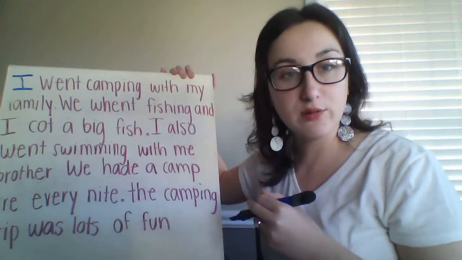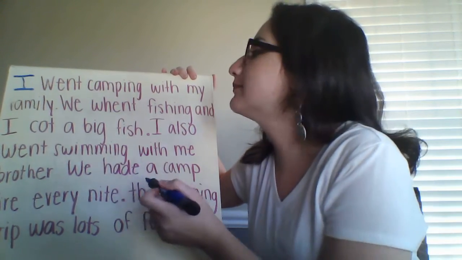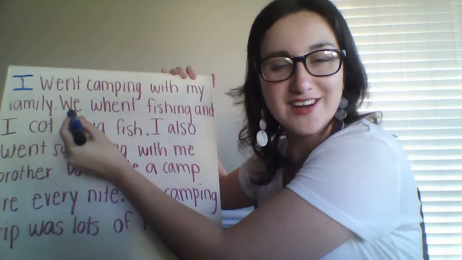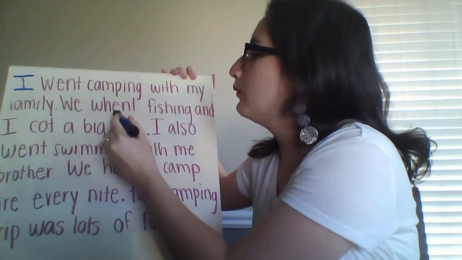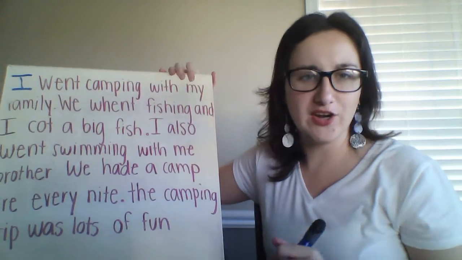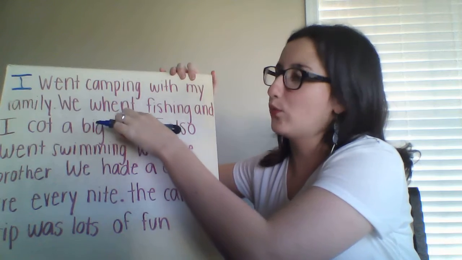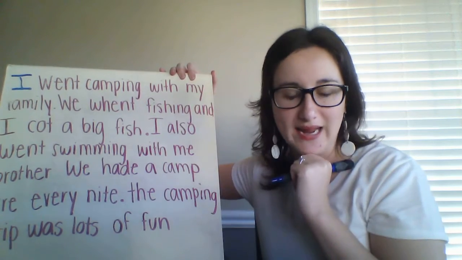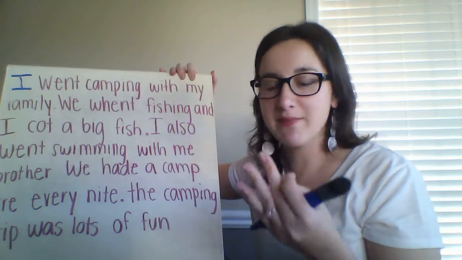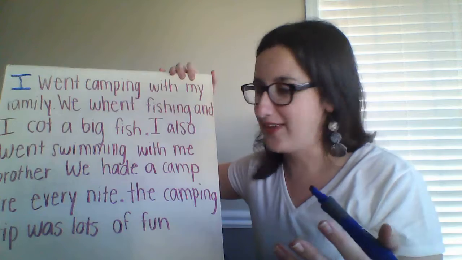I worked my way through the first sentence, and now I'm going to begin on the second sentence. It starts with a capital letter, so we're good there. We went. As a writer and as a reader, I don't think that this word went looks right. If I notice spelling mistakes in my own writing, I certainly would want to go ahead and fix that.